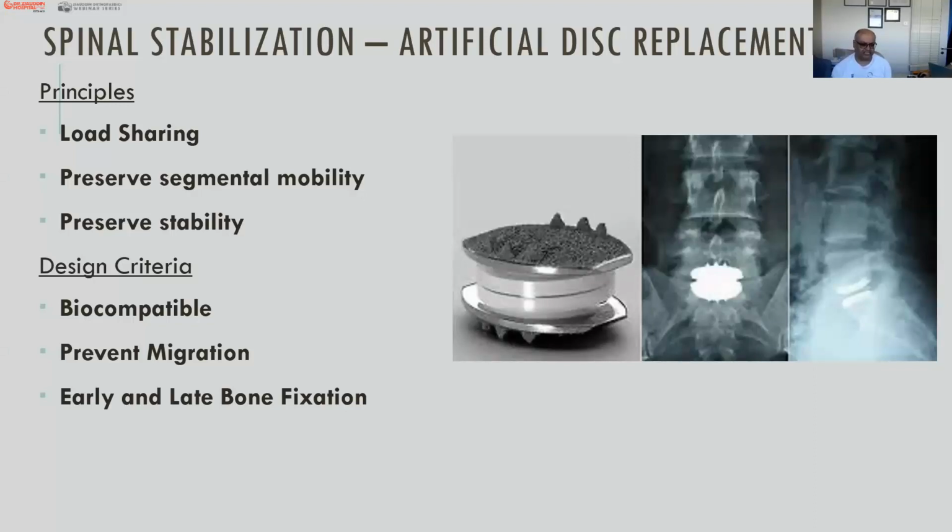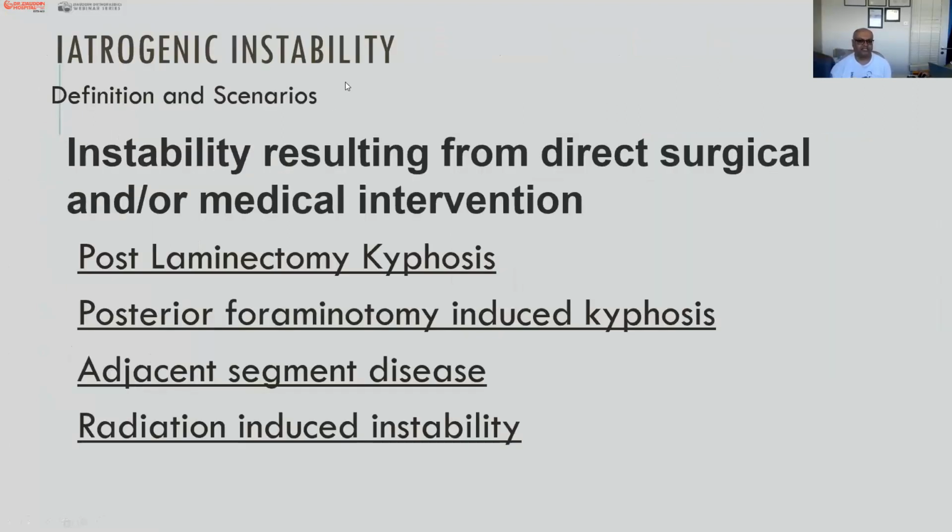It was translocated from a joint replacement feature, but the surrounding structures in the spinal column are much more delicate, and hence the joint replacement of the spinal column, artificial disc replacements, have to be very, very carefully designed.